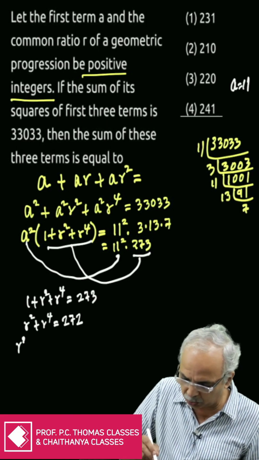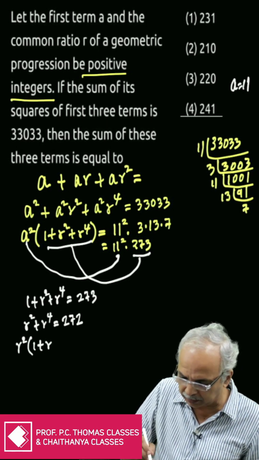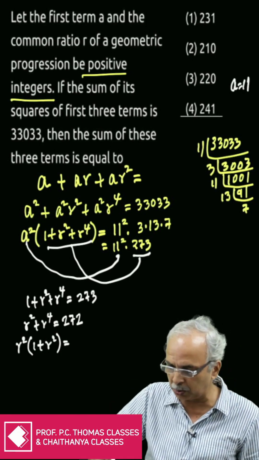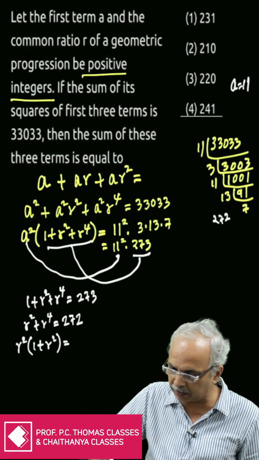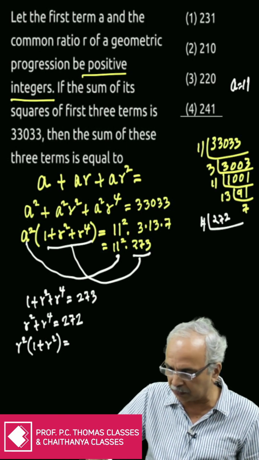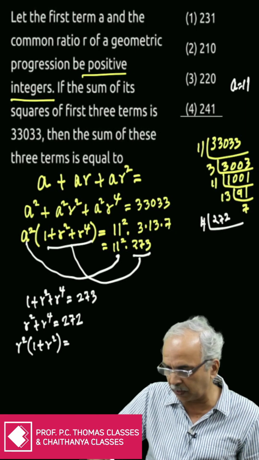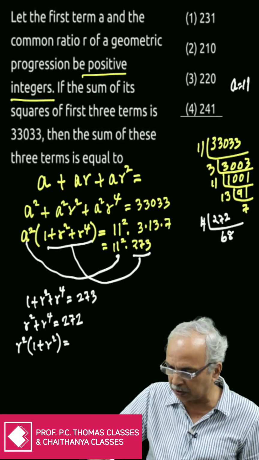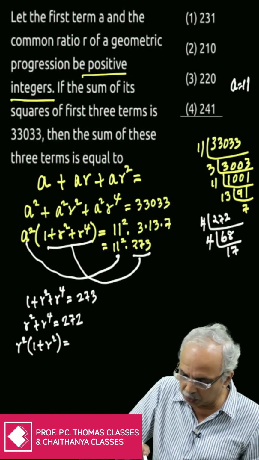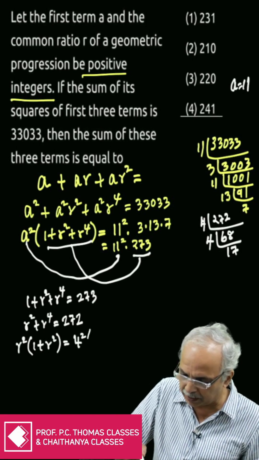Or R square into 1 plus R square is 272. You factorize 272 again. It can be factorized as 4 square into 17.